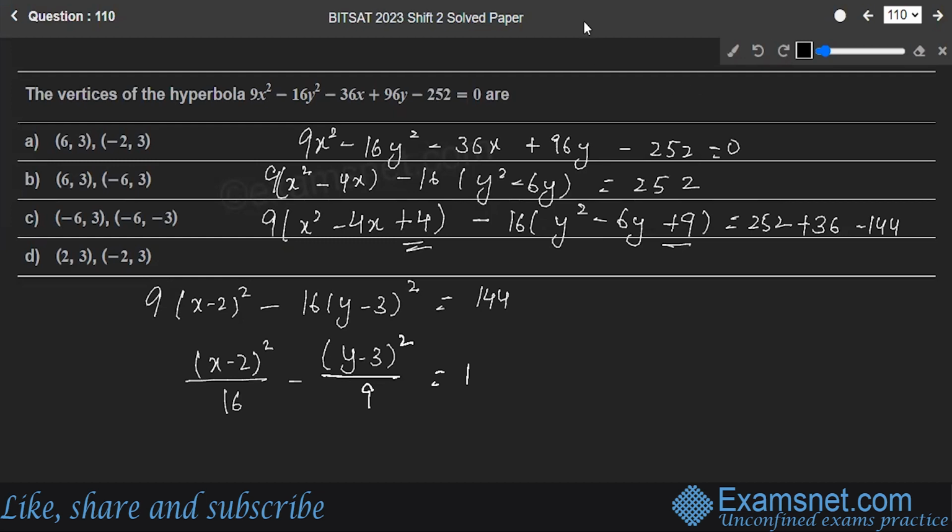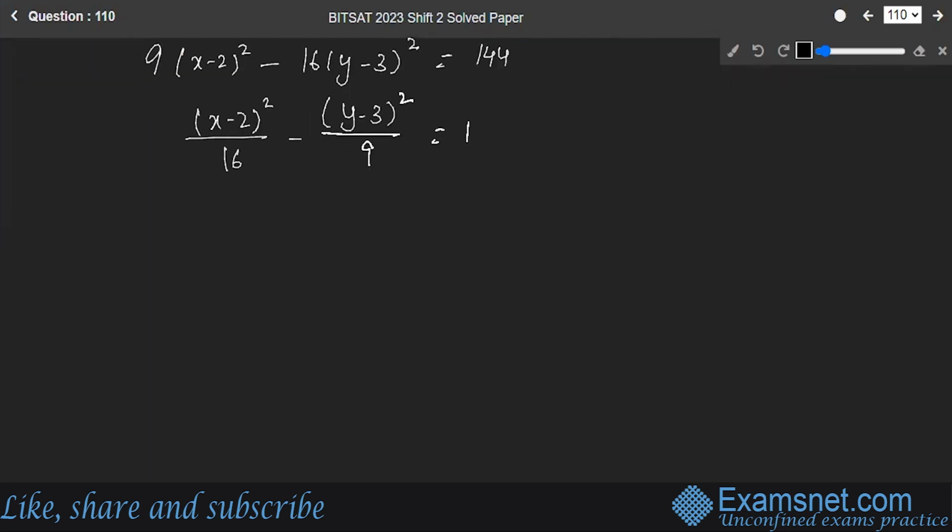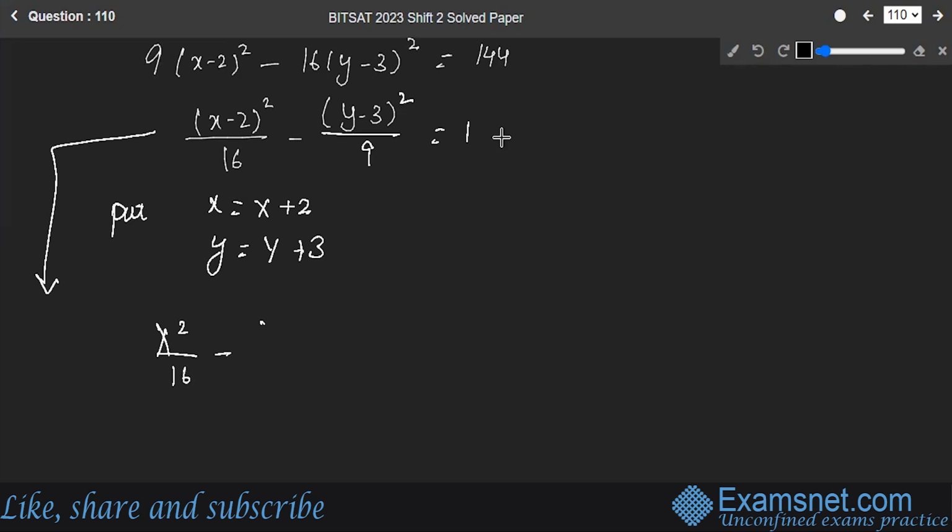This is equal to 1. So let's put x is equal to x plus 2 and y is equal to y plus 3. So now this equation becomes x squared upon 16 minus y squared upon 9 is equal to 1.